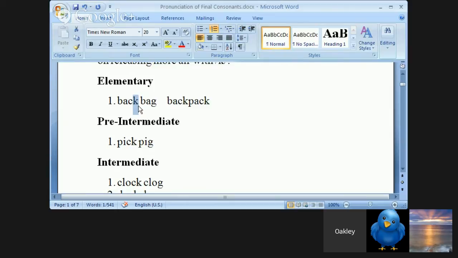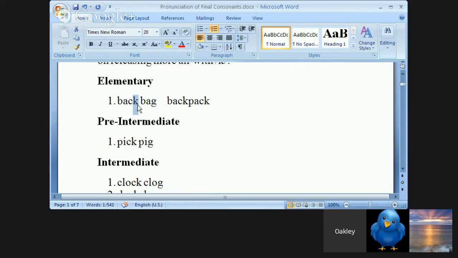What I'm doing is I'm actually lifting my tongue into place to pronounce the sound, but instead of dropping it to make that sound, back, bag, I'm not actually breathing out to create the sound.